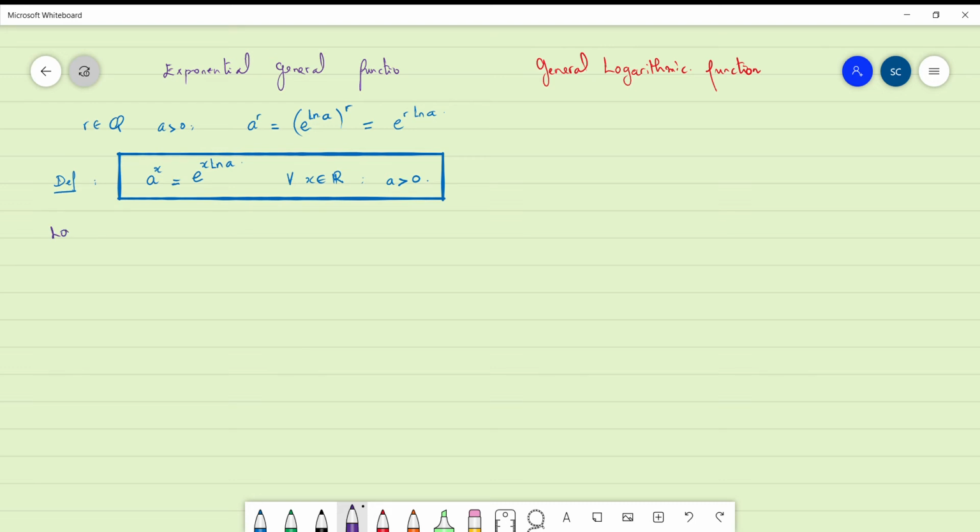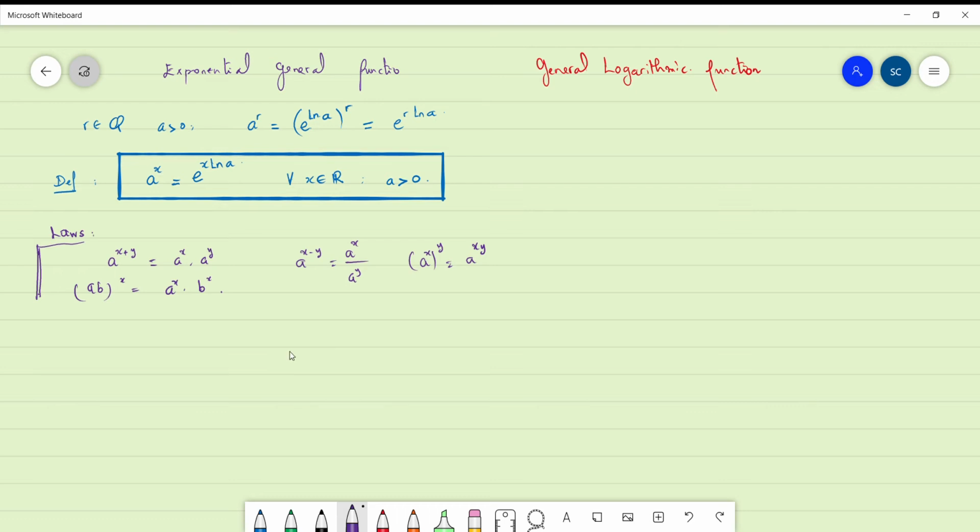The laws of exponents work: a^(x+y) is equal to a^x times a^y, as long as everything is defined. a^(x-y) is a^x over a^y, and so on. (a^x)^y will be a^(xy), and so on. Also a^x times b^x is (ab)^x. We don't have to memorize everything, but it's easy.